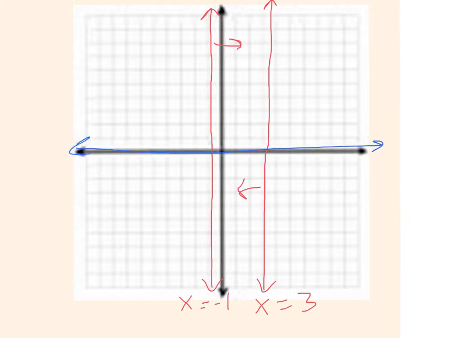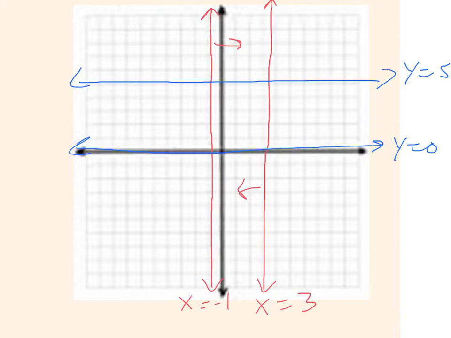Now, the y value needs to be between 0 and 5, which is right up there. And again, these arrows need to point towards each other. Now you might have figured out by now that this area, this rectangle, represents my solutions.